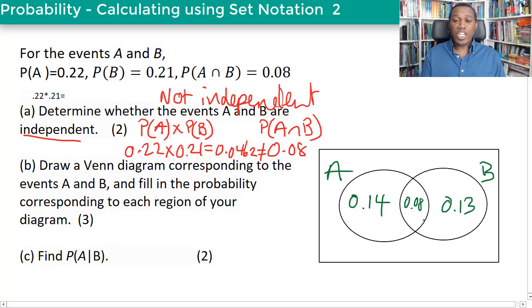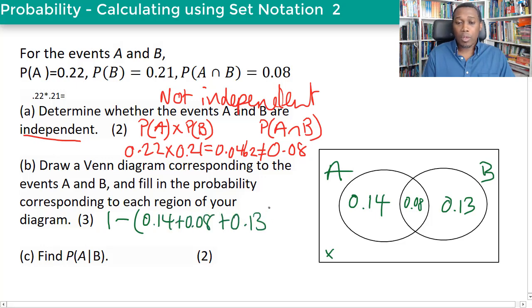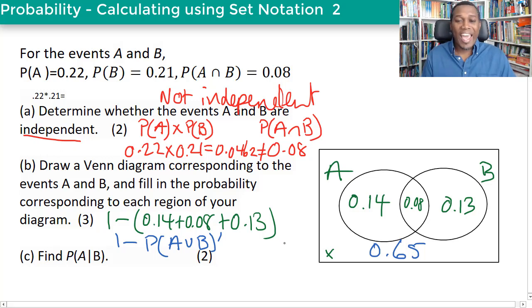I now have all the regions that make up A union B, and what I need to work out is the missing element out there, the complement of A union B. To do that, we will do 1 take away 0.14 plus 0.08 plus 0.13, and just reminding you that is 1 take away the probability of A union B. When we work that out, we're going to get 0.65. 14 plus 8 is 22, plus 13 is 35, so 65. 0.65 is what we have there.